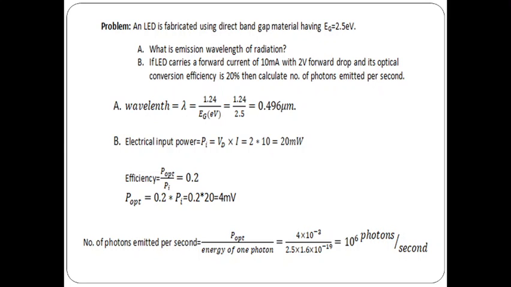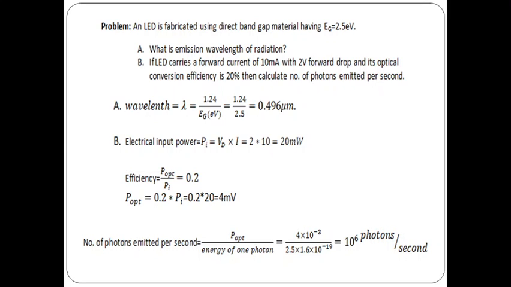So we can calculate the number of photons emitted per second. Optical power can be written as the number of photons emitted per second into the energy of each photon. So the number of photons emitted per second equals total optical power by the energy of one photon.